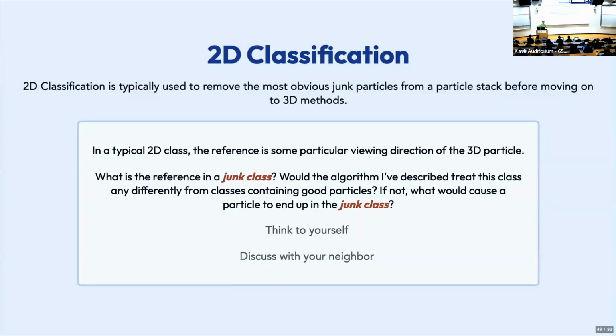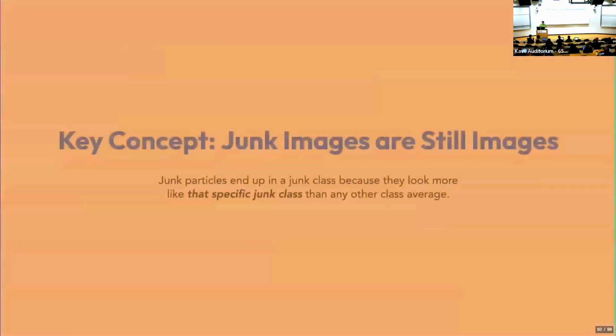As I said, I'll kind of answer these questions, but remember, this is just sort of my phrasing of the problem here. But I think the key concept is that there's no such thing as a junk class set in stone, right? We say they're junk classes because we look at them and we say, that's junk. But the algorithm doesn't know a good particle from a bad one, right?